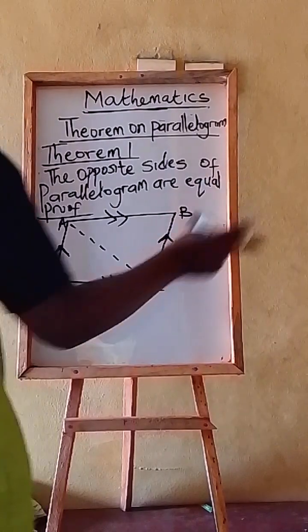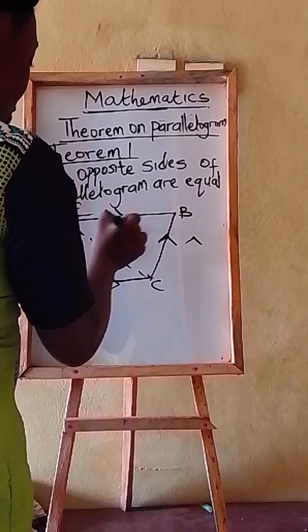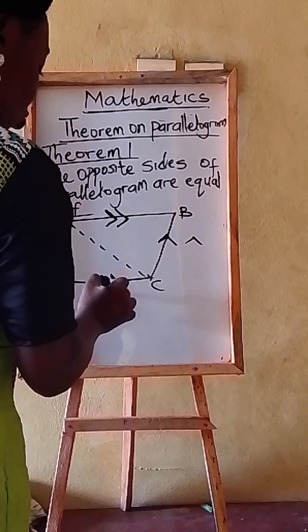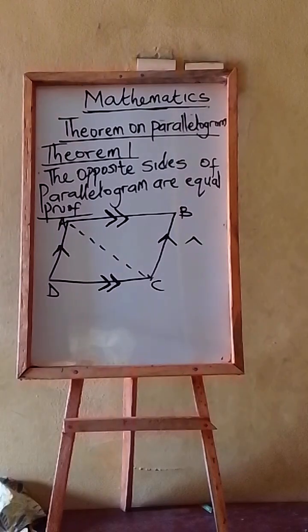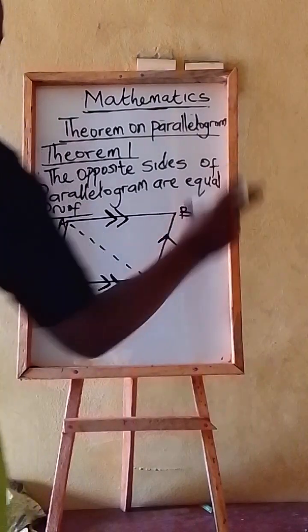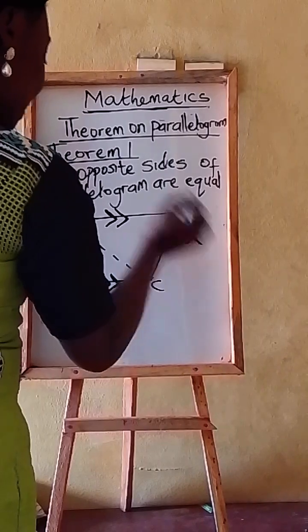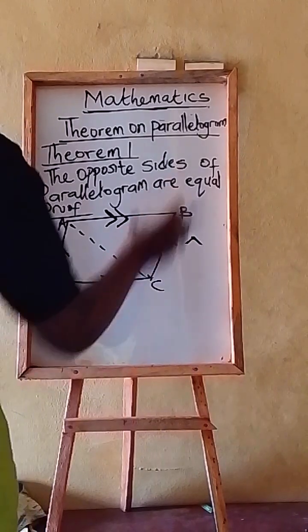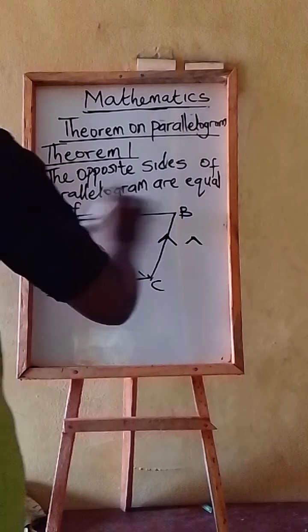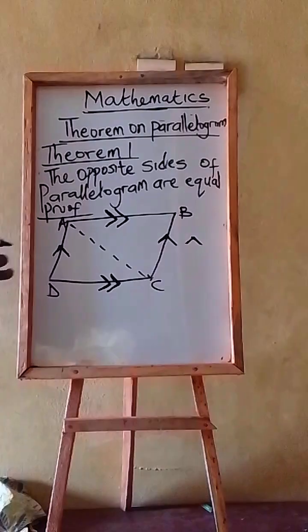These two also mean equal. Whenever you see this sign, it means equality. It means this line here is equal to the line here. So that is what it means.